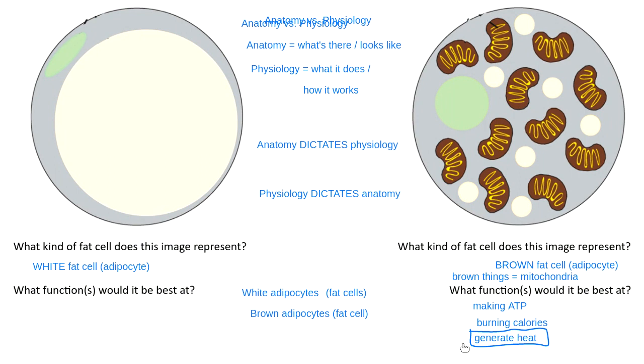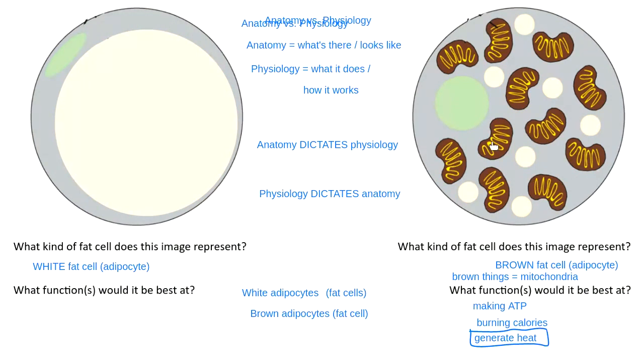Second thing we want to know about brown fat cells is what makes them brown. They're brown because of all the mitochondria. The third thing we want to know is that because these cells generate heat, that's their overall function, we must use what's inside the cell to do that. And what's inside the cell are all of these mitochondria.